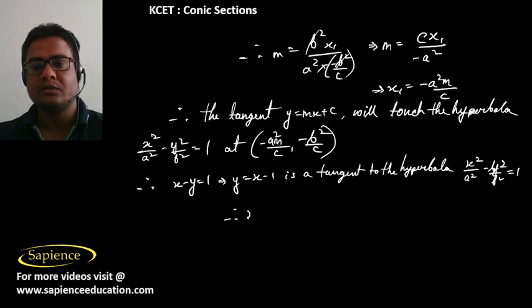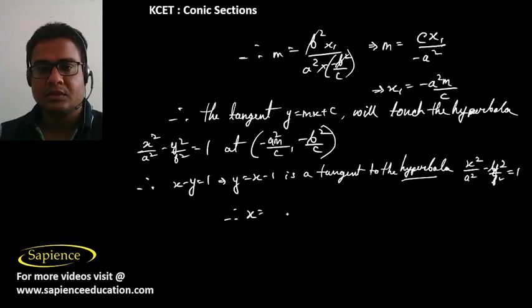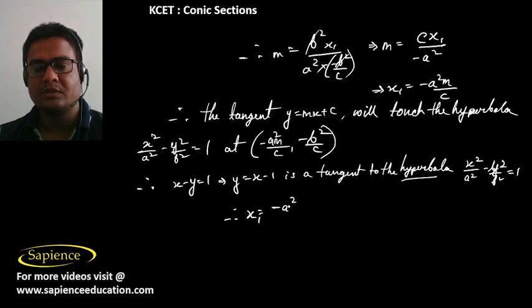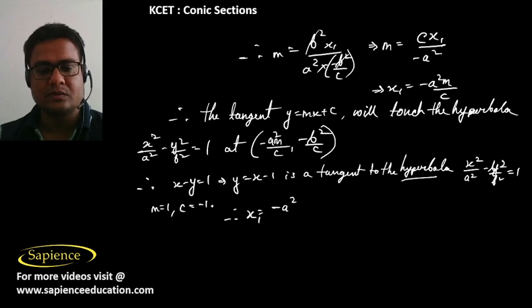So the x coordinate of the point of contact, the point at which the tangent will touch the hyperbola, x1 will be equal to minus a square m by c. Here m is equal to 1 and c is equal to minus 1.